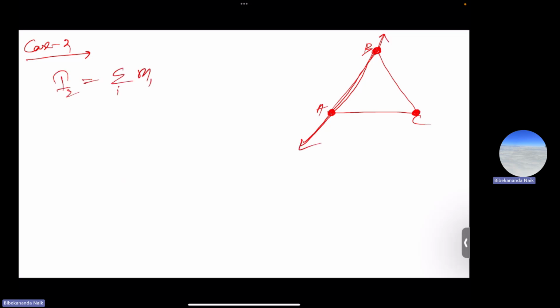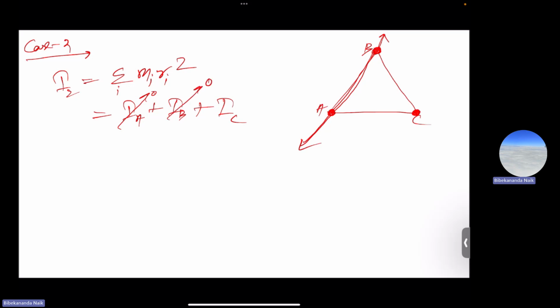Now in the second case, case 2, what is the moment of inertia? This is the axis AB, and the masses are here, here, and here. So I2 will be the summation over i of M_i R_i square, so I_A plus I_B plus I_C. Both I_A and I_B will be 0 because they lie on the axis.